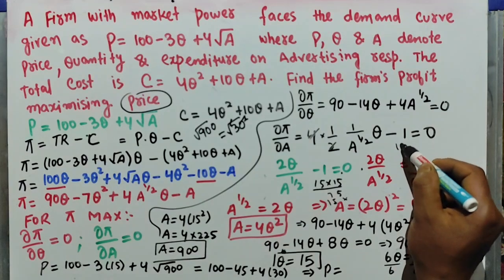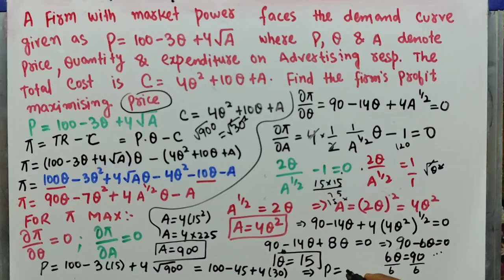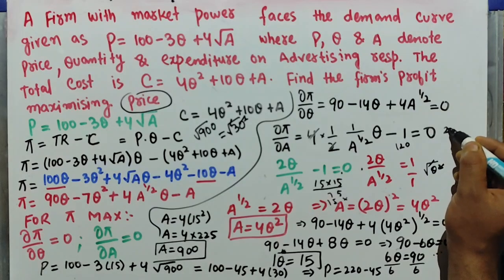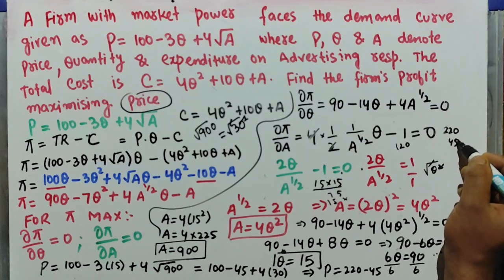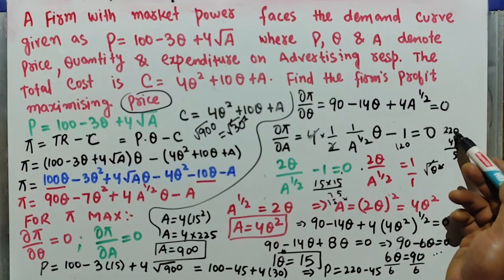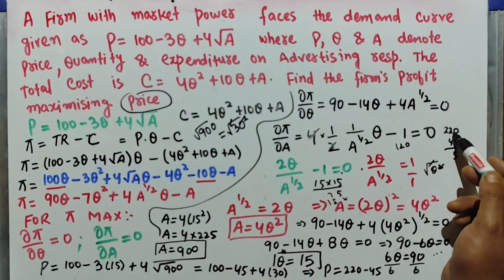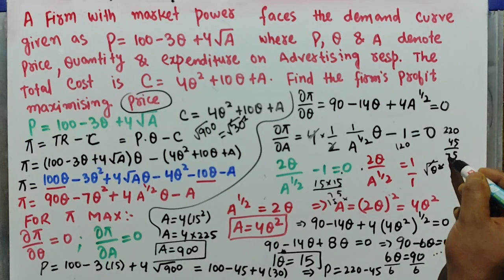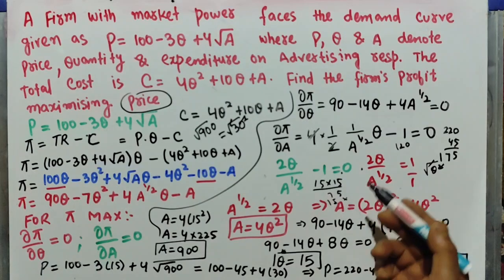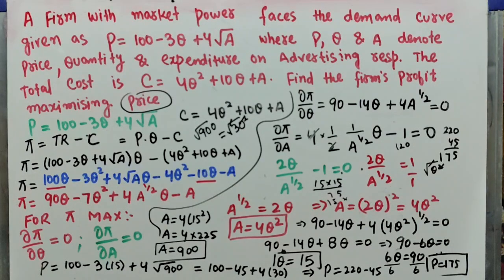So we have 120 plus 100, which is 220, and 220 minus 45, so we get 175. So the profit maximizing price will be equal to 175. I'm not sure whether I have done the calculation right, but this is how we solve it.